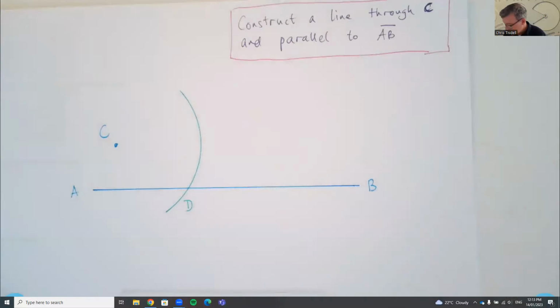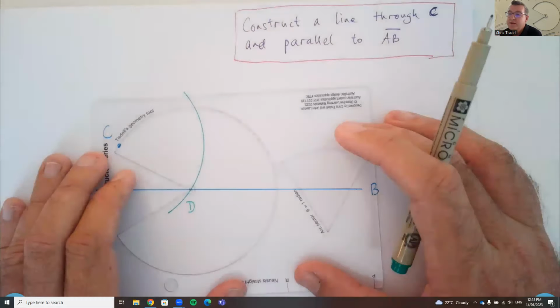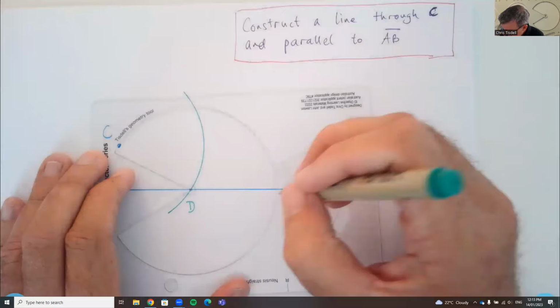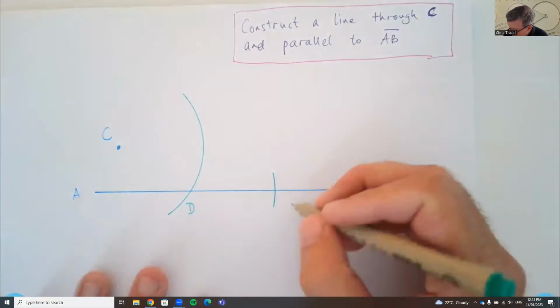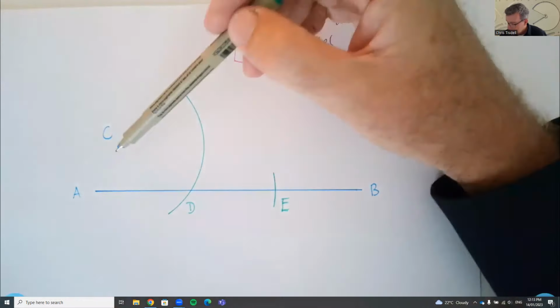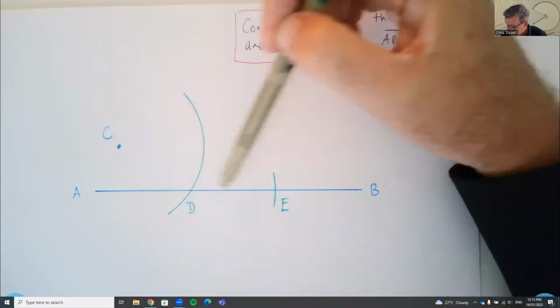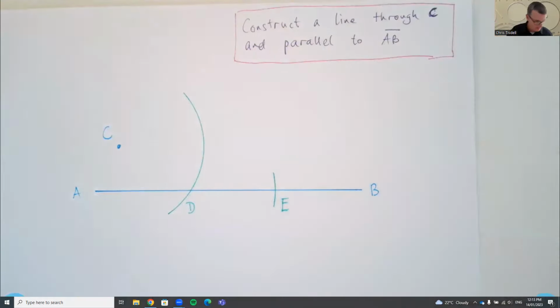Okay, so let's continue. I've got this new point D, and I'm going to place my center at D and draw another arc that intersects with AB to form a new point E. Okay, so this is going to be one side, and I need to get up there and back there to form my rhombus.